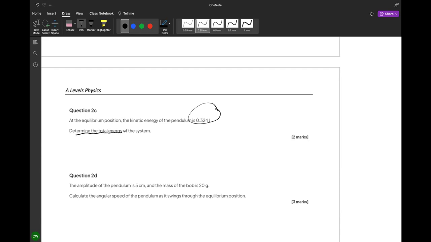Determine the total energy of the system. How much? Okay, tell me the answer. Who can tell me?